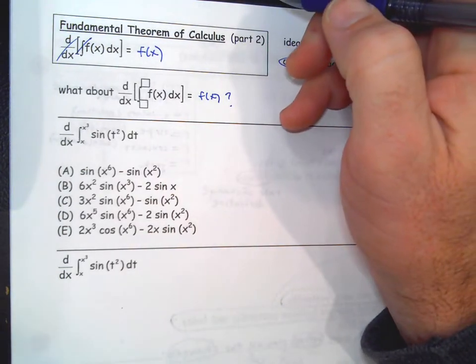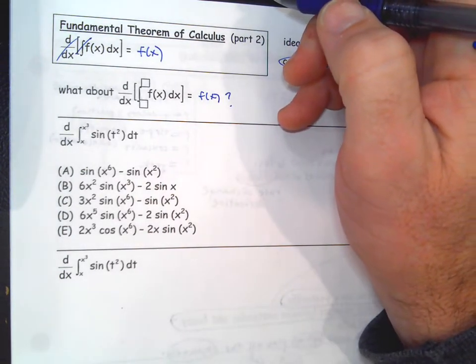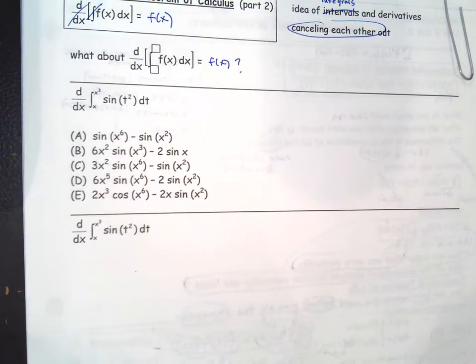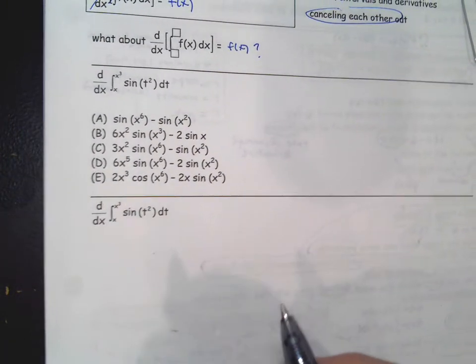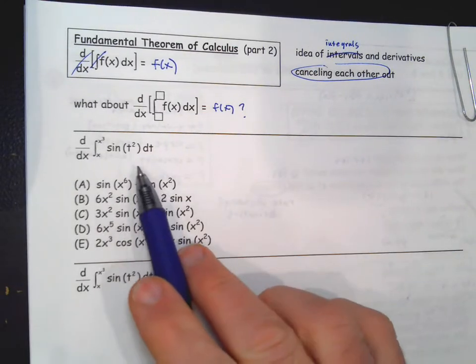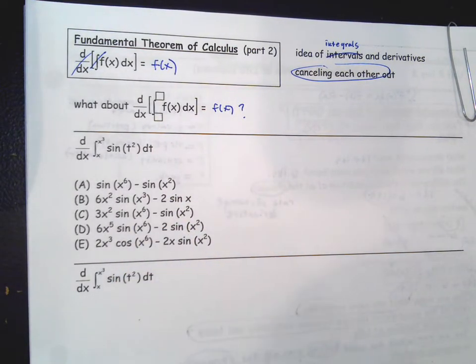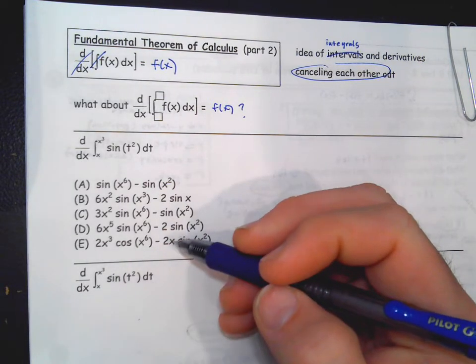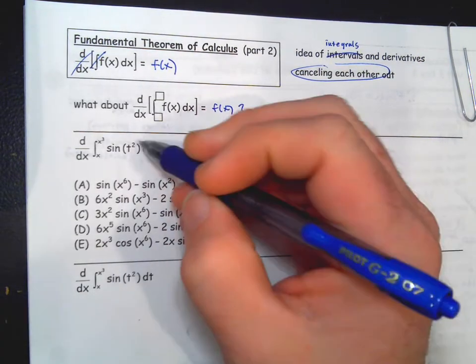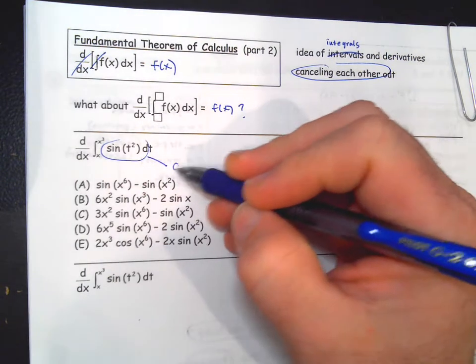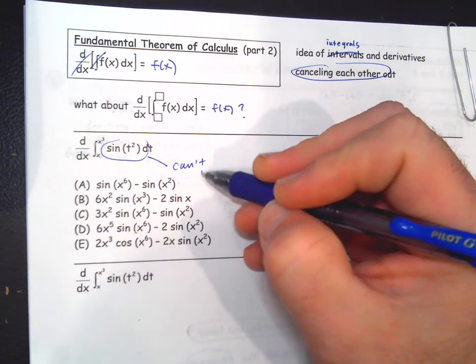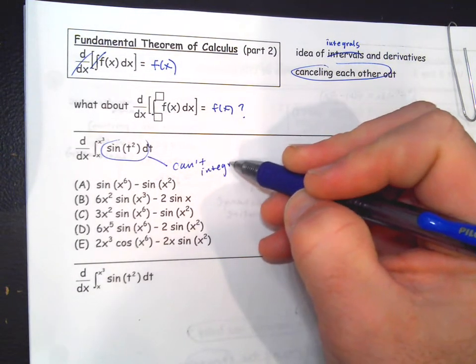Let me show you. All right, let's see. Why don't you guys decide which one you think it is? Here's a specific example. Multiple choice. By the way, none of you guys can integrate that. You can't integrate this. Okay, just letting you know.